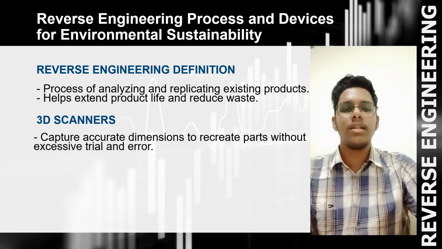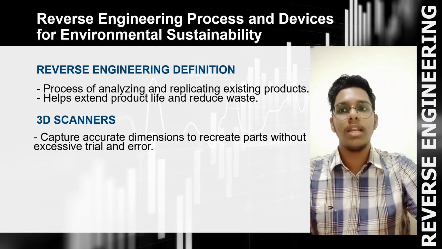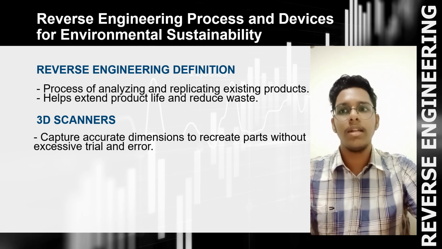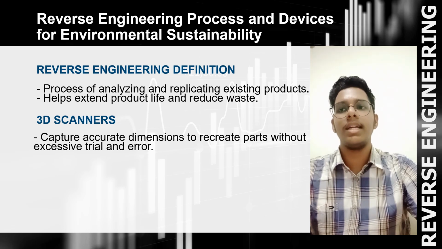The common 3D scanners which are widely used in industries are laser scanners, for example the Faro laser scanner, structured light scanners like Artec Eva, and handheld 3D scanners like Creaform HandyScan.